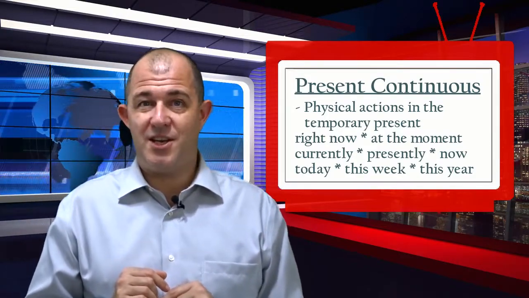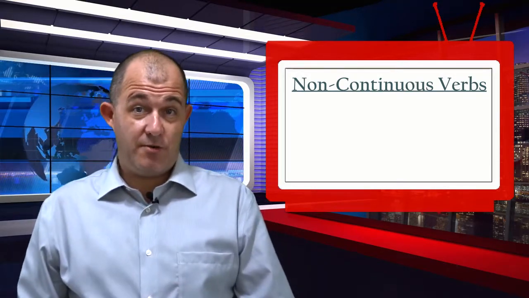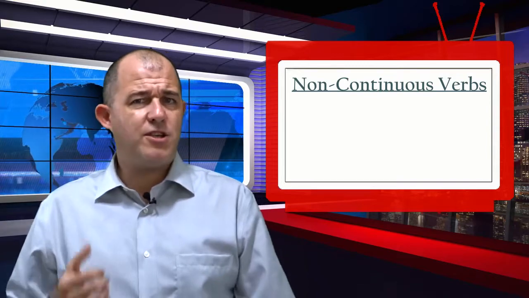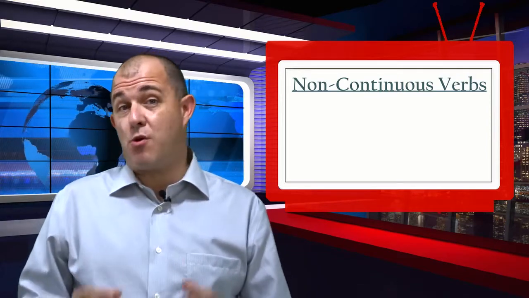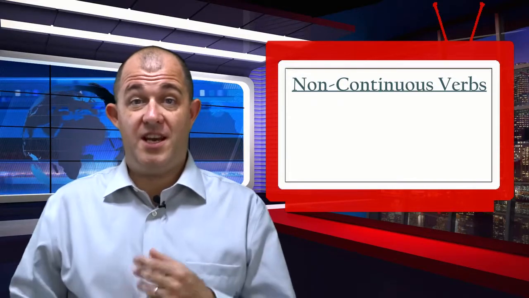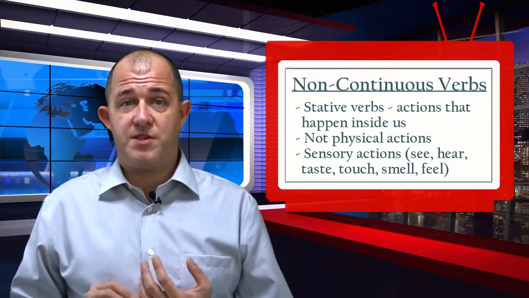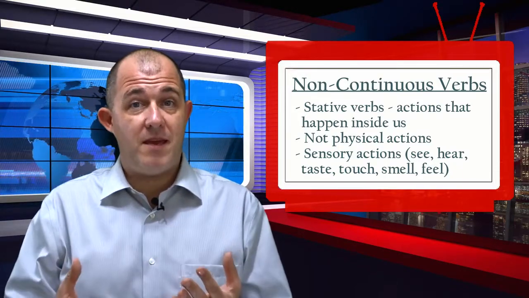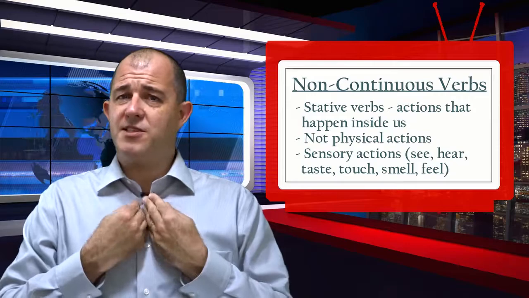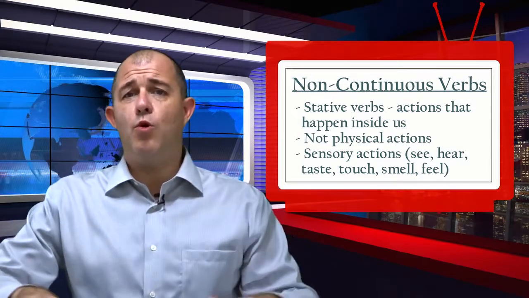Another matter regarding present continuous and simple present, which I mentioned a little while ago, is that there are some verbs that we normally do not use in a continuous tense. These verbs are stative verbs. They describe a state of being or something that happens within us, not something that happens out here in the world.